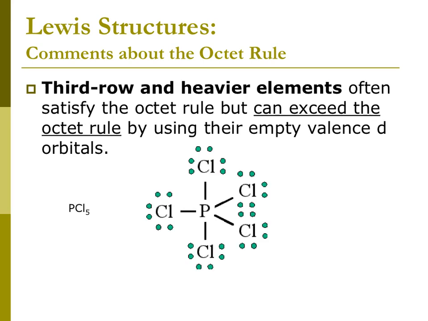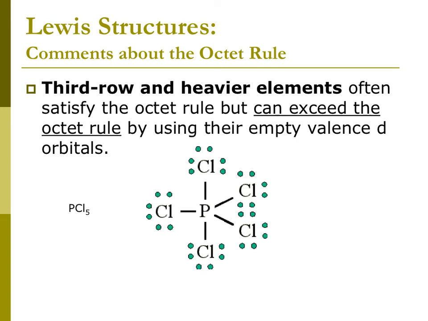It is only once you reach the third row that you have the 3d orbital that you can exceed the octet rule. Again, completely satisfy the atoms around the central atom, and then if you have lone pairs left, put them on the center atom.